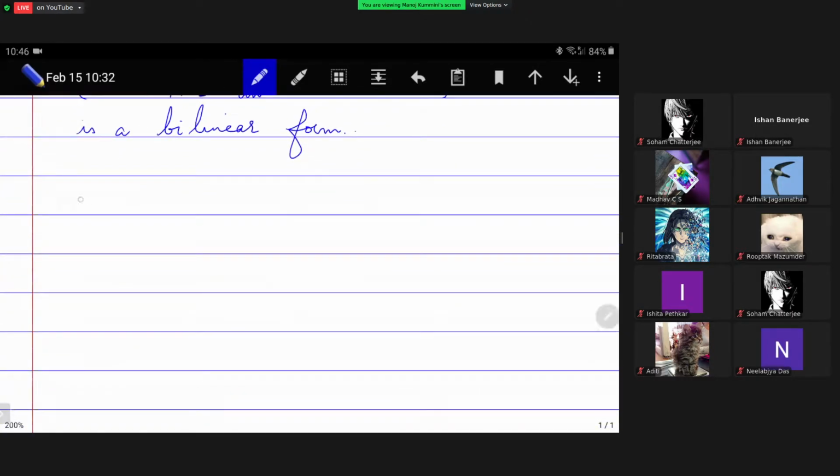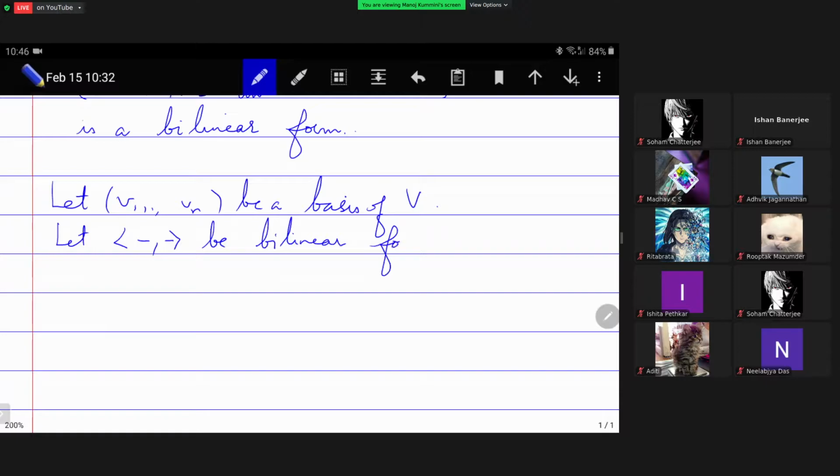So let v1 through vn be a basis of V. Then let this be a bilinear form on V. Now we want to relate this to a matrix description like above.